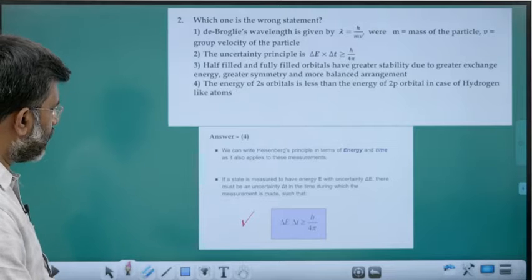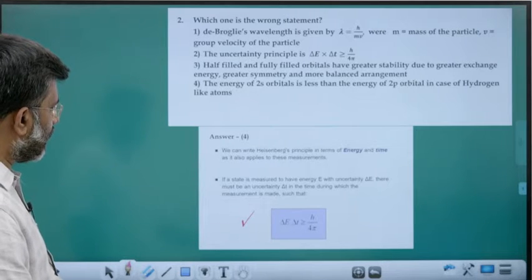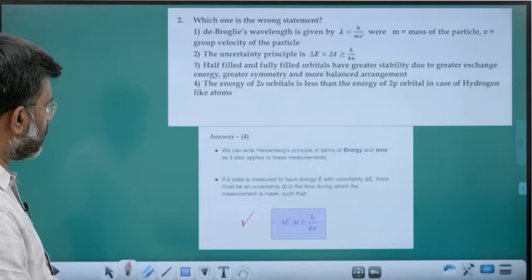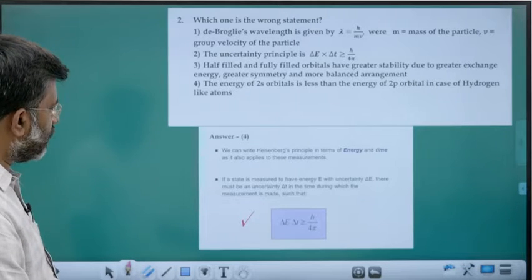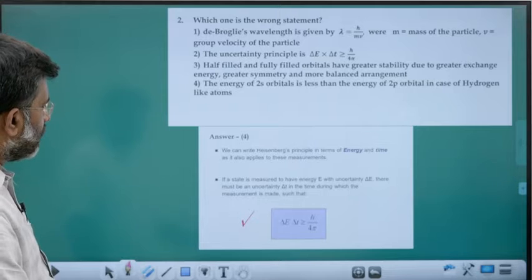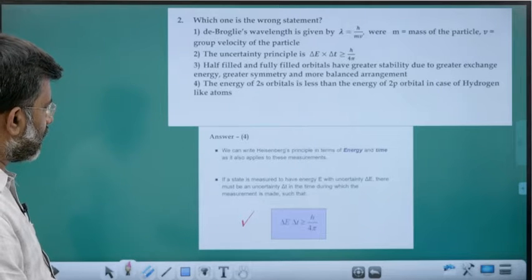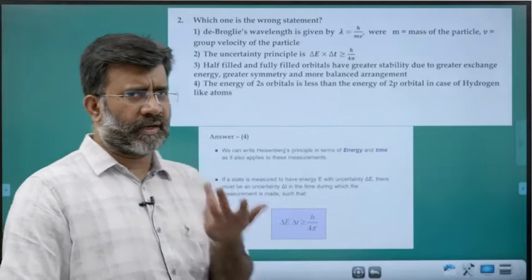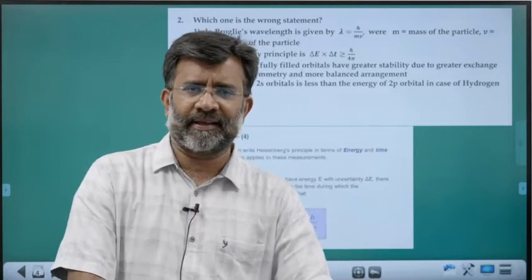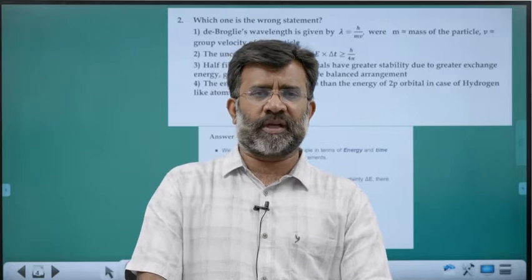If a state is measured to have energy E with uncertainty delta E, there must be an uncertainty delta t in the time during which the measurement is made. You might have learned that. If you haven't seen it, take it as additional information.